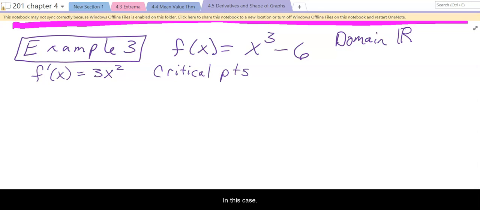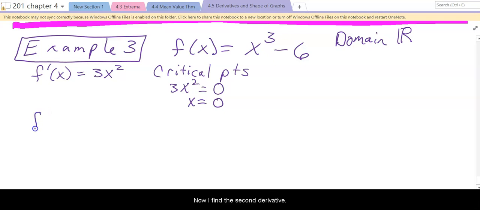In this case, I'm looking at 3x squared equal to 0, which occurs when x is 0. That's my only critical point. In fact, this one has no other critical points because the first derivative is defined for all x.